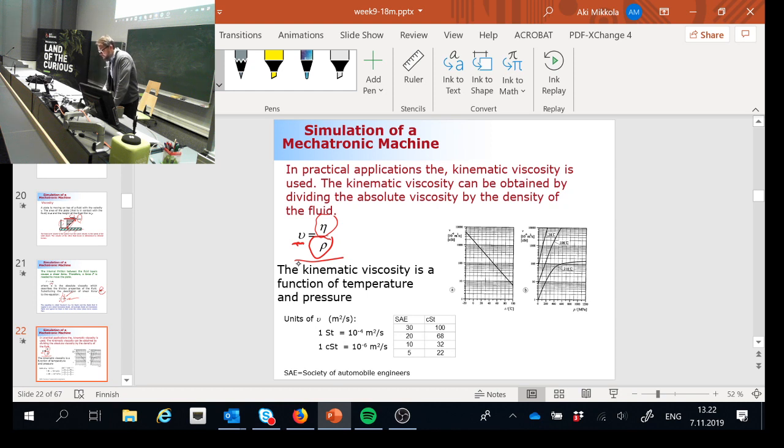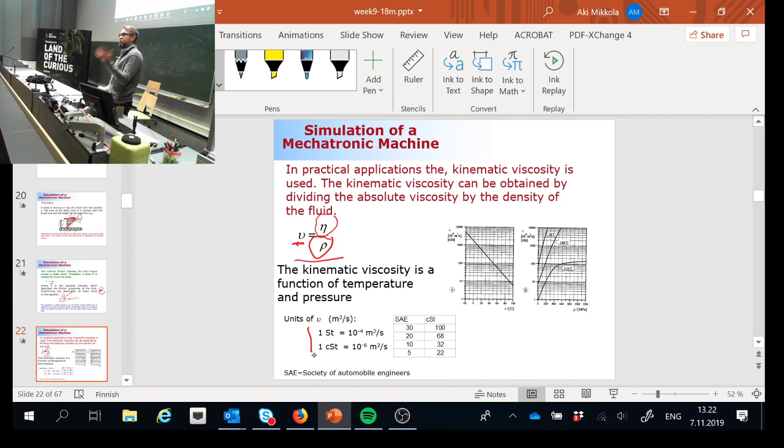Now, an important thing is that the SI unit of kinematic viscosity is the centistoke, and I'm sure that you never heard that before. Typically, the viscosity units you're more familiar with come from the Society of Automotive Engineers.